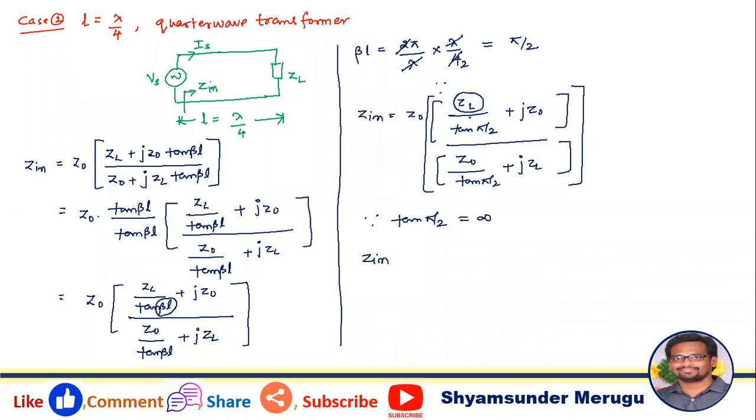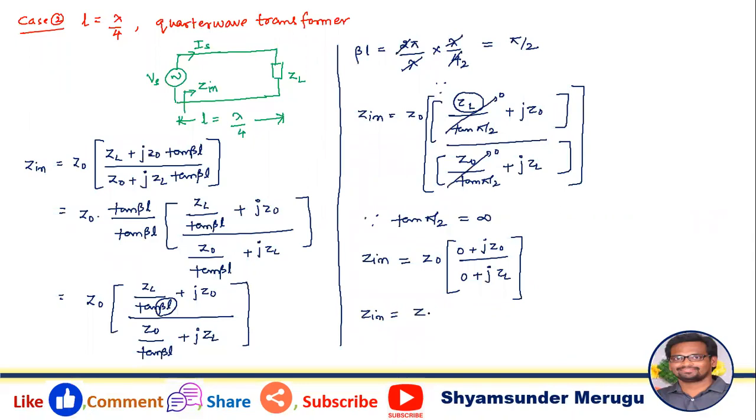In order to get this, we have just manipulated this particular expression earlier. So Zin equals Z0 of (0 plus jZ0) over (0 plus jZL).